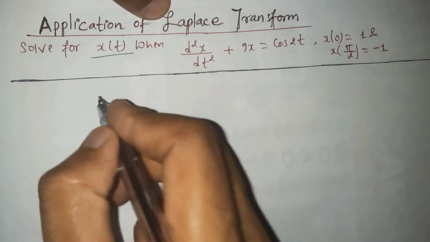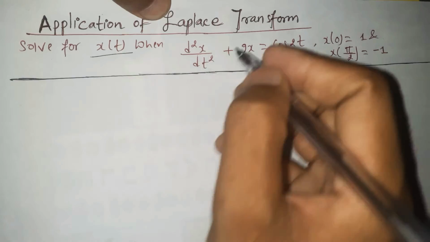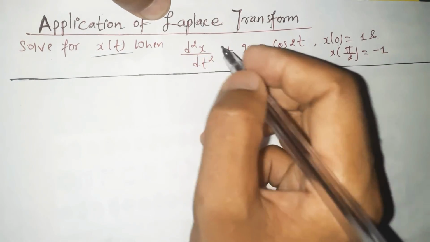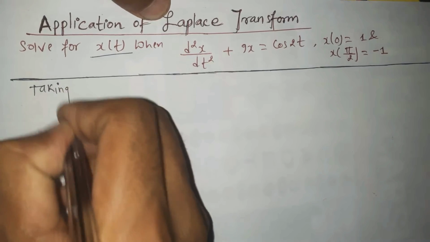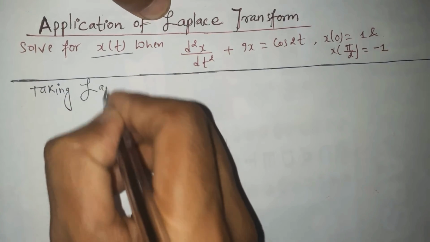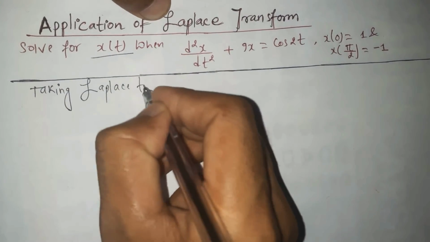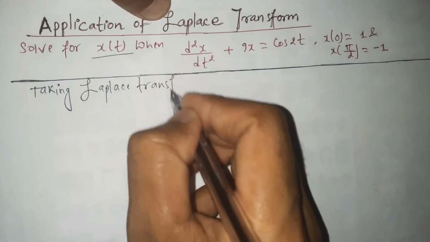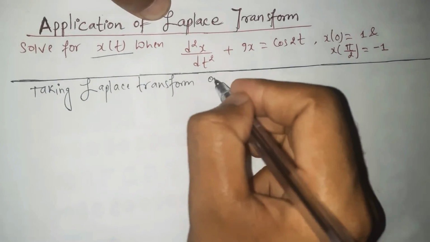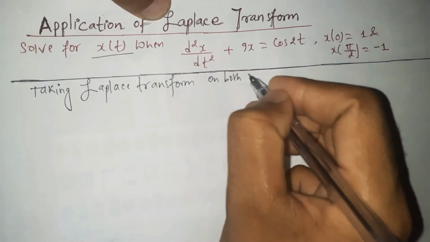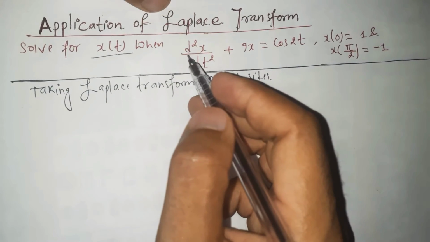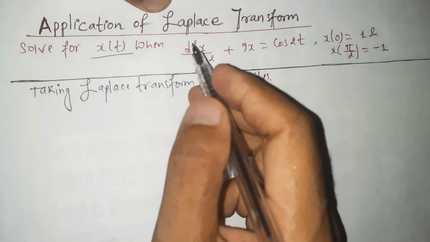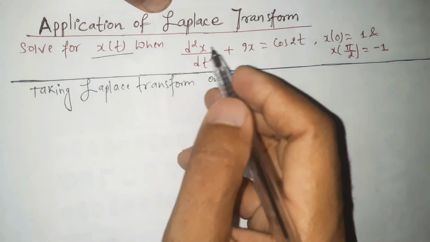Okay, first of all, let's use the Laplace transformation on both sides of this given equation. The very first step is taking Laplace transformation on both sides. The Laplace transformation of the left hand side is the Laplace transformation of individual terms.